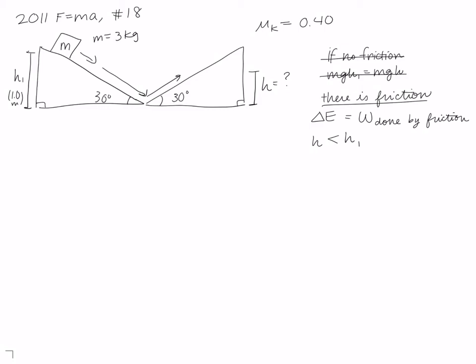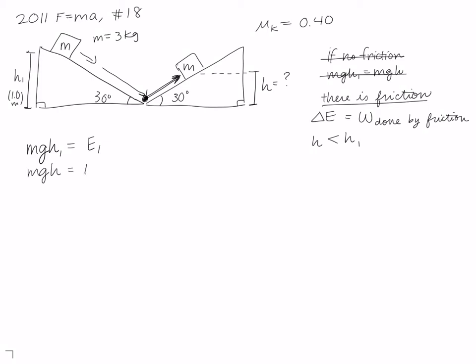So what is our change in energy? Well, our initial potential energy is mgh1. This is our E1, which is all of our energy. And when it reaches the bottom, it's going to have all kinetic energy. But then it starts going up the second ramp, and at the very top where it stops, it's going to have a kinetic energy of 0, and all it will have is potential energy.